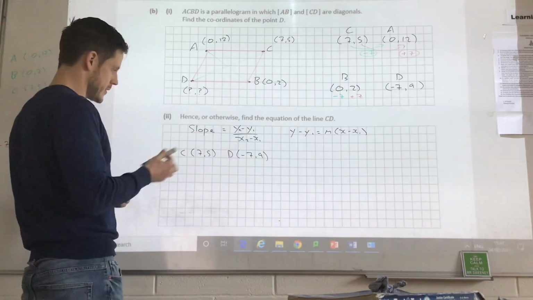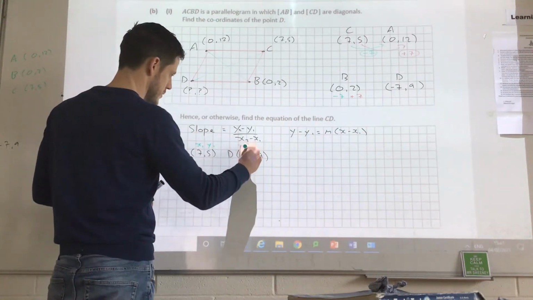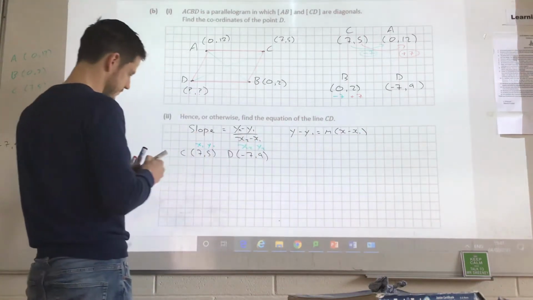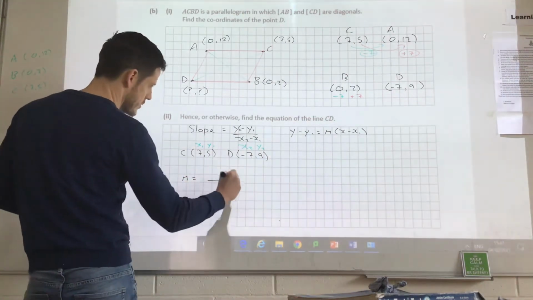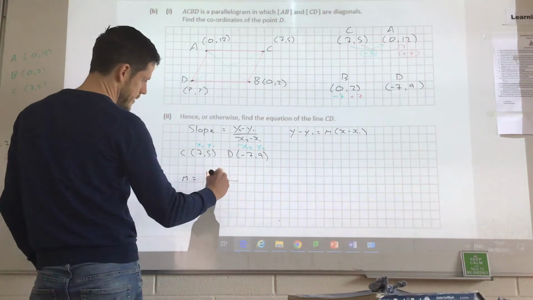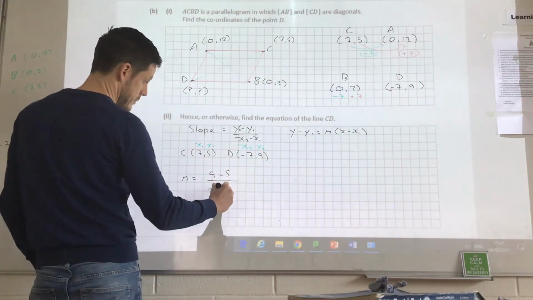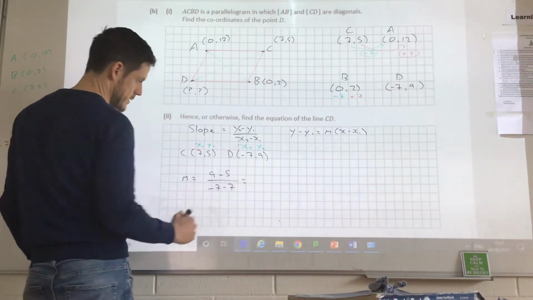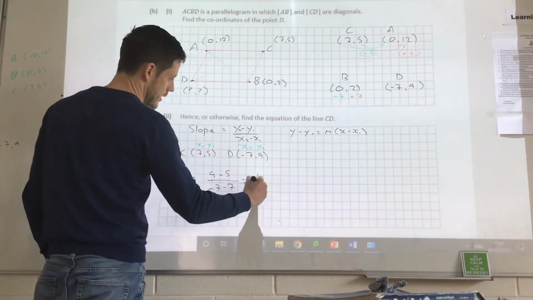So this is going to be x1, y1, x2, y2. My slope, which is given by the letter m, is going to be y2 minus y1, so 9 minus 5, over x2 minus x1, minus 7 minus 7. So 9 minus 5 gives me 4.